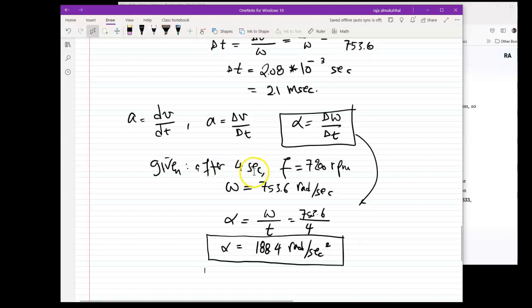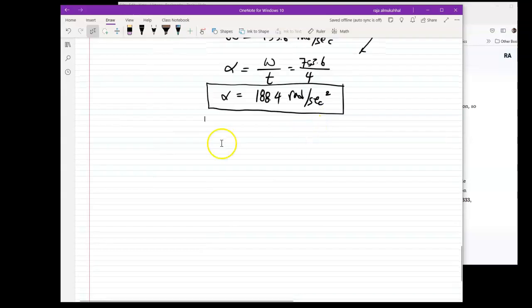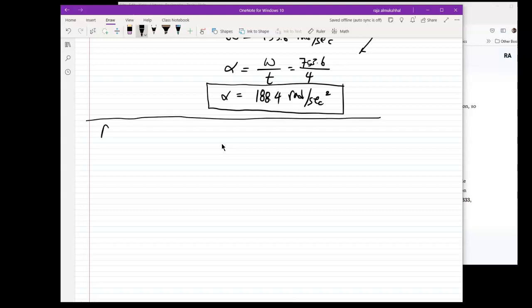Okay, good. So let me move on to the next topic, and that is rotational kinematics. You will understand rotational kinematics if you understand kinematics, the equations of kinematics, the ones we covered back in, I think, lecture 2.